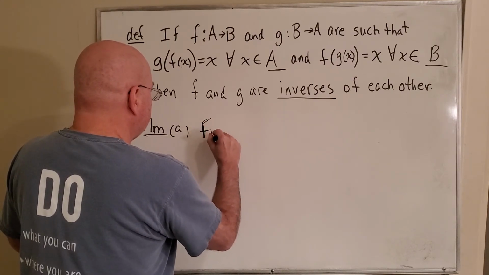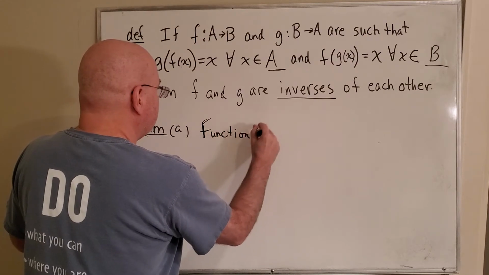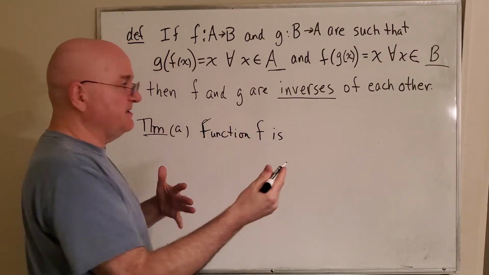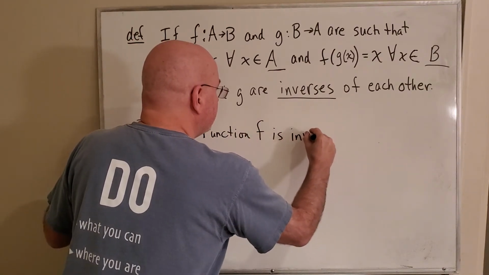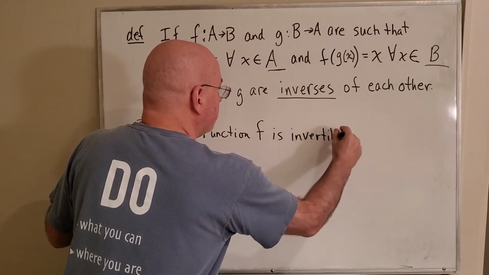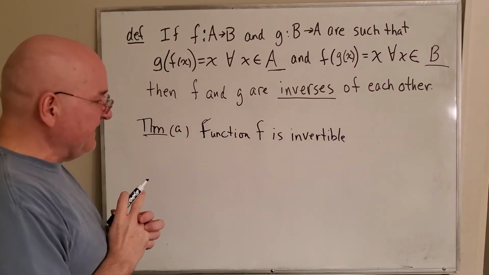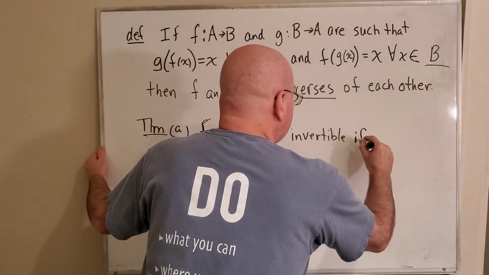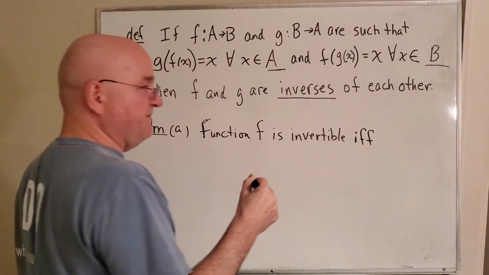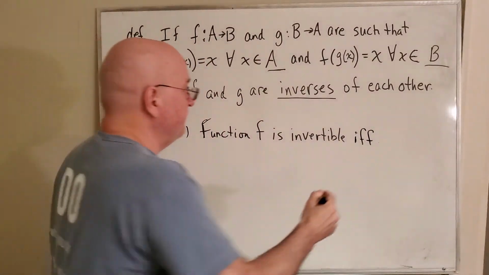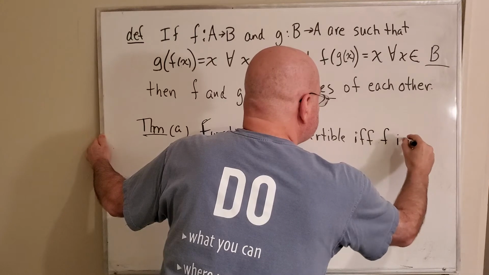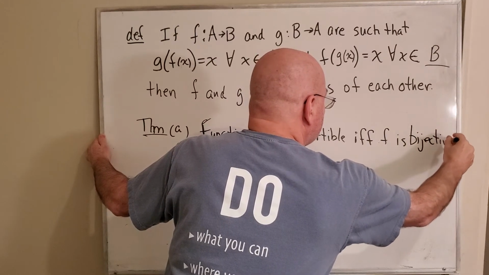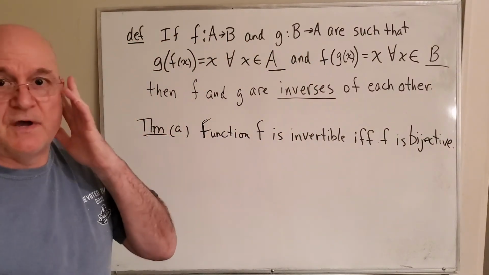Function f is invertible, which means it has an inverse, if and only if f is bijective. So that means one-to-one and onto.